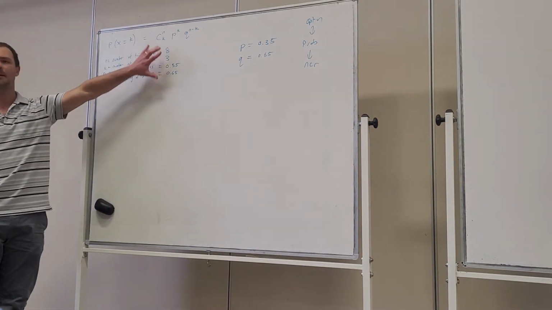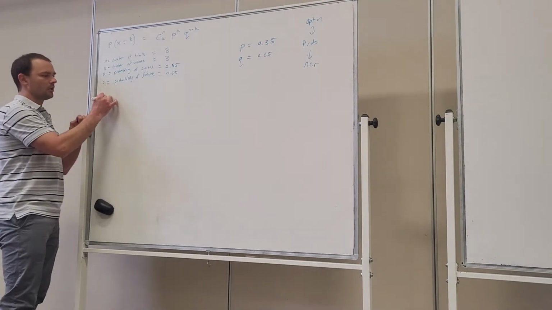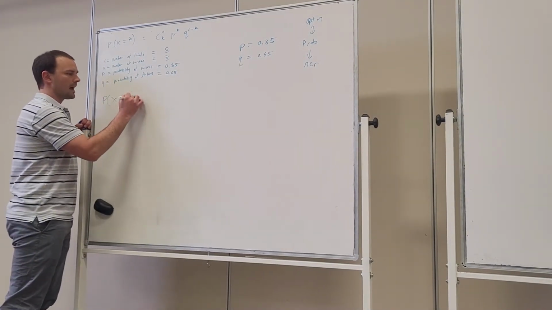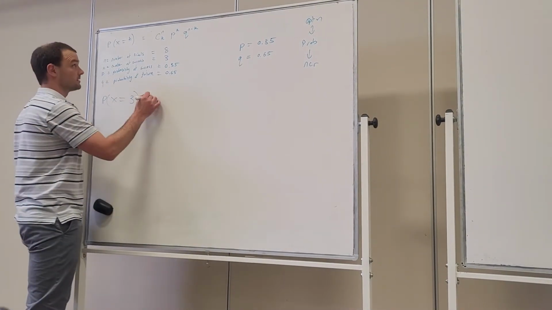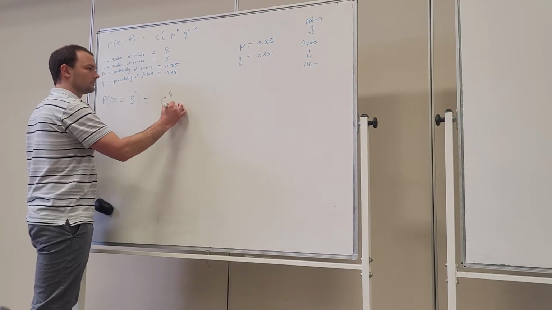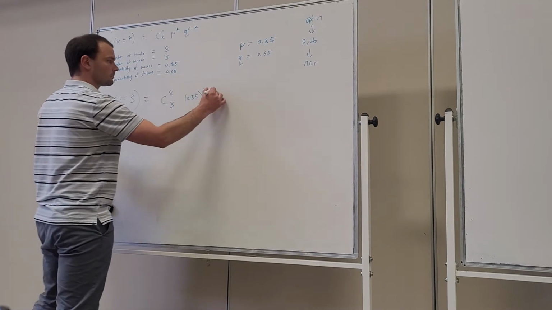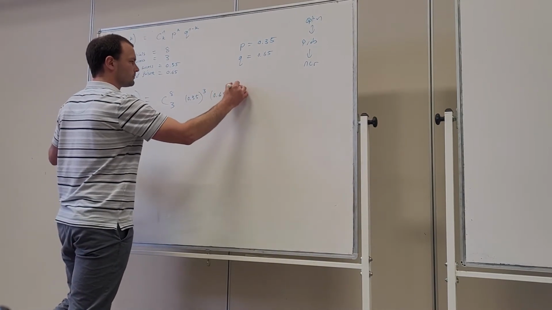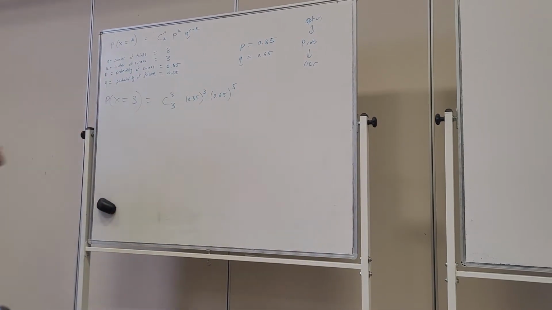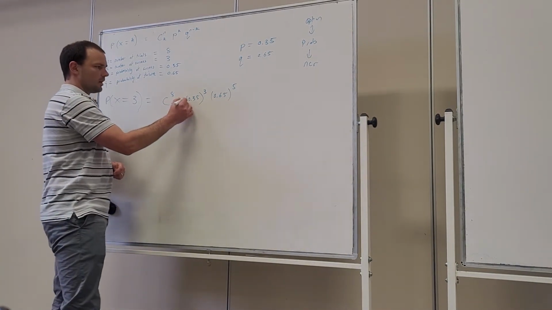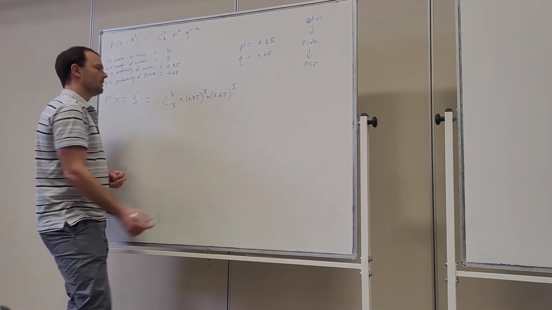We've got all the information we need to put it in the formula. The probability of 3 apples being rotten is, okay, and that's what we're going to put into our calculator. So we just need a times in there and a times in there.